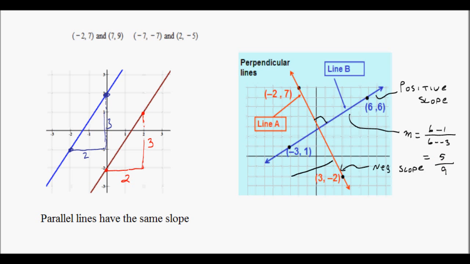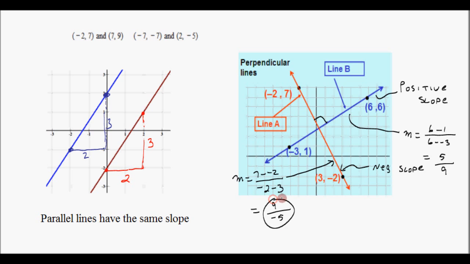Now let's look at the slope of the red line using those 2 points. So that guy has a slope of, well, the change in y will be 7 minus a negative 2 over negative 2 minus 3. So let's simplify that. 7 minus a negative 2 is the same as 7 plus 2, which is 9. Negative 2 minus 3 is negative 5.